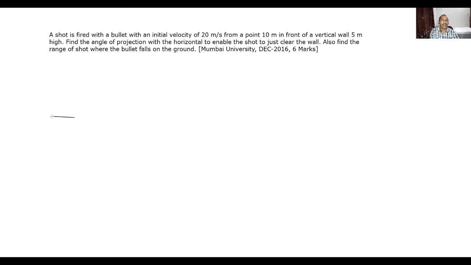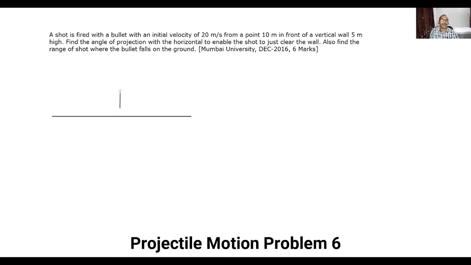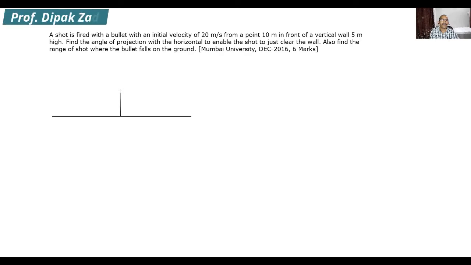Suppose this is nothing but the ground. Okay, this is the ground and there is a wall whose height is 5 meters, right? So this one is nothing but the 5 meter height of this wall. Okay, this is a wall and its height is given, therefore this dimension is 5 meters.